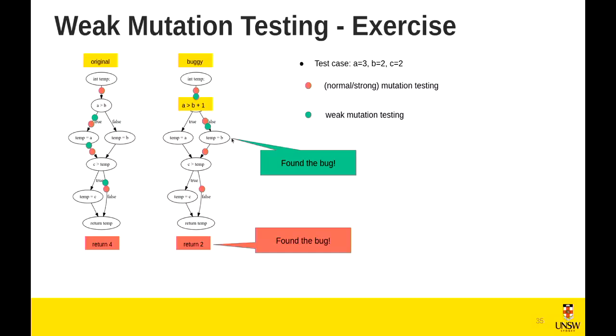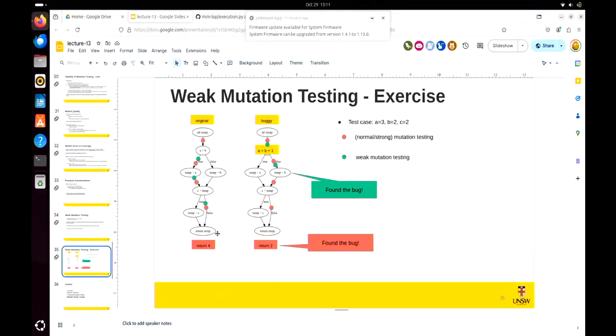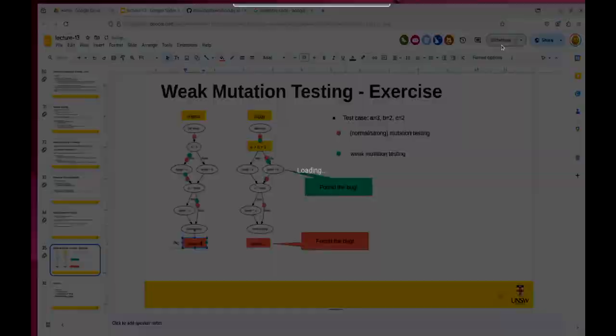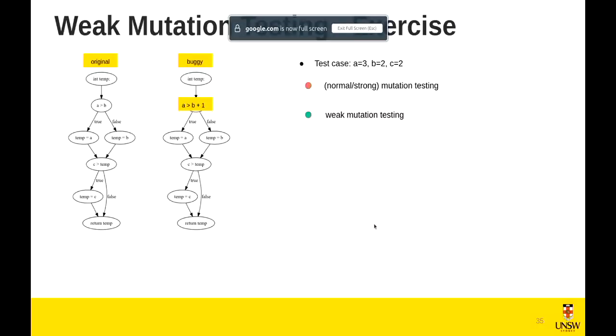This helps us save some executions and detect the bugs earlier. So this is how weak mutation testing works in this example. Let me fix the typo here. And let's continue.